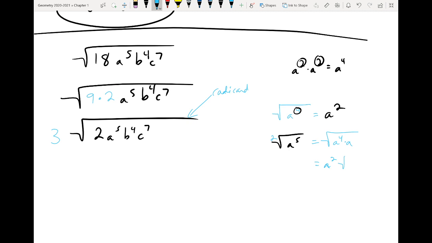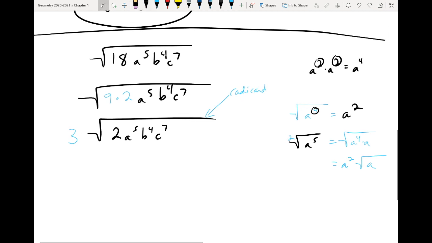And the thing about taking the square root of a by itself is it's stuck inside. Or think of it like this. 5 divided by 2 is 2, remainder 1. Or a squared, remainder a. The a is stuck on the inside.